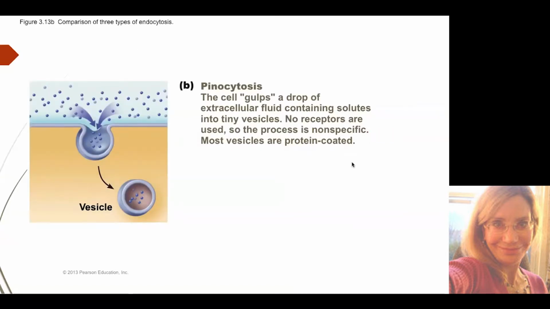Pinocytosis, this is the cell actually gulping a drop of extracellular fluid containing solutes and forming a little vesicle. No receptors are needed, so this is pretty non-specific, although most vesicles are protein-coated. They are learning more and more about these processes every day that we speak.